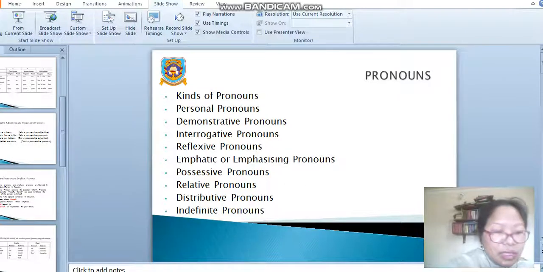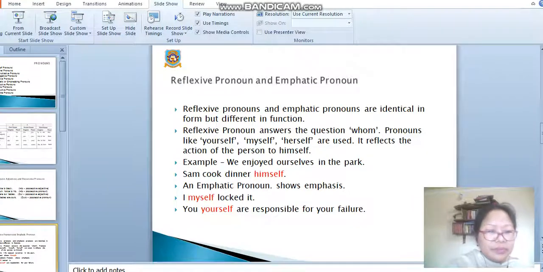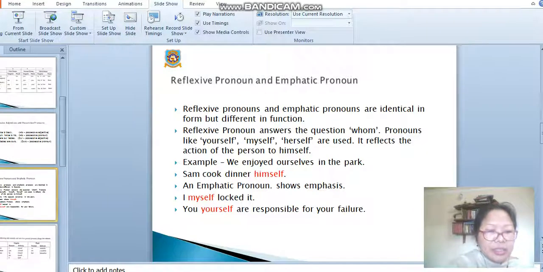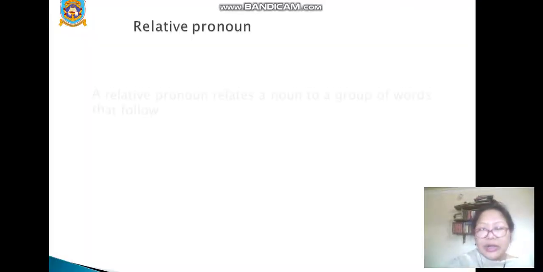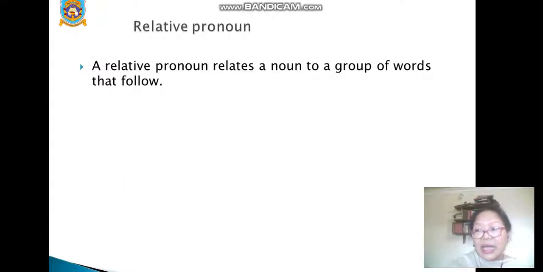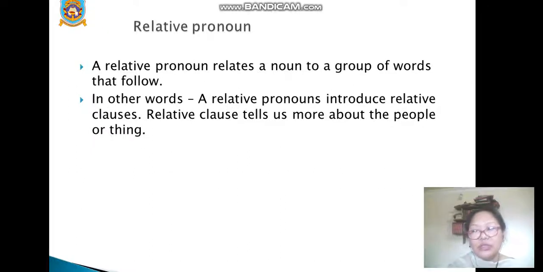Now coming to relative pronouns, let me explain relative pronouns to you today. Relative pronouns relate a noun to a group of words that follow. In other words, we can say relative pronouns introduce a relative clause.